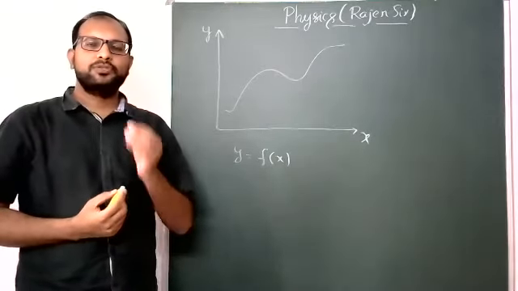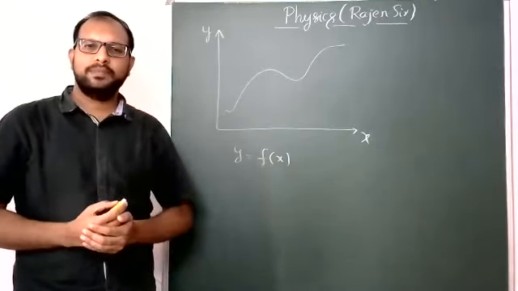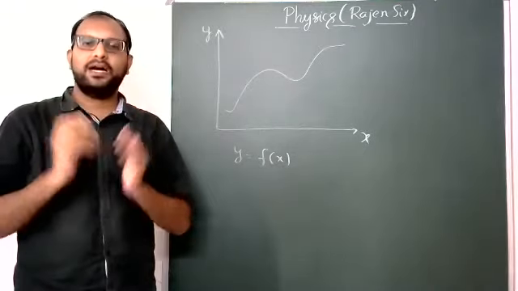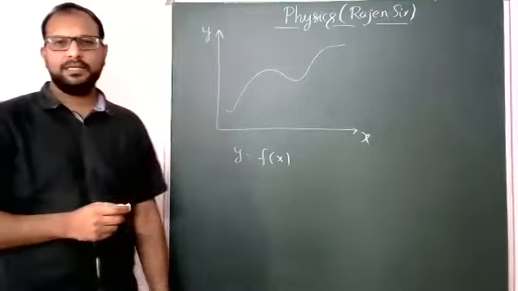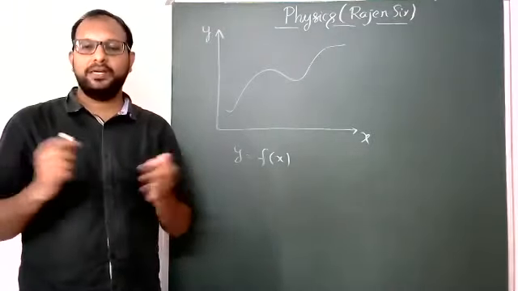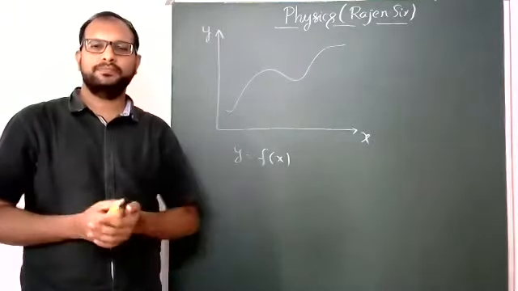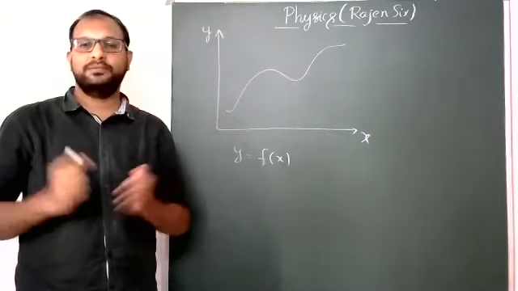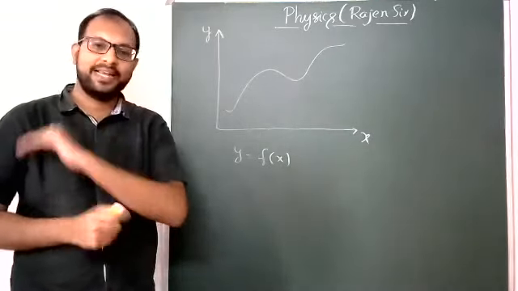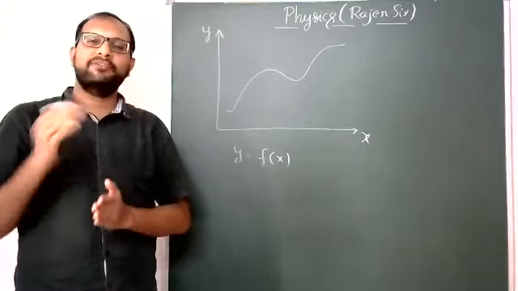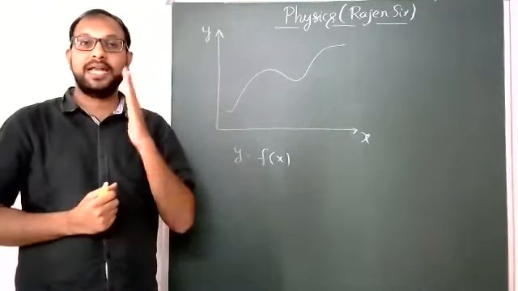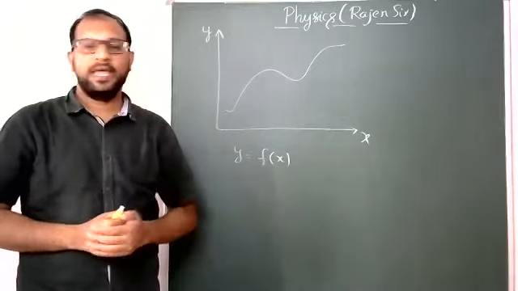From our lower classes, we know the slope of a curve. For example, students, y-axis versus x-axis. You all know the slope of a straight line. All students know a straight line, but for the curve, maybe or maybe not.